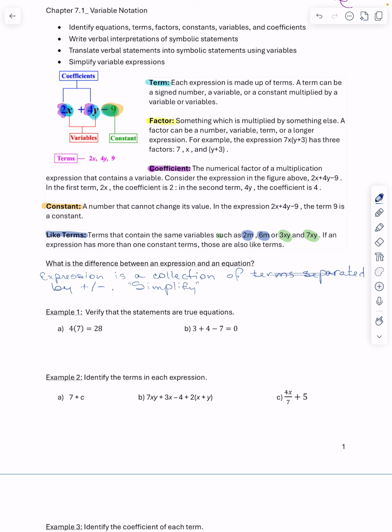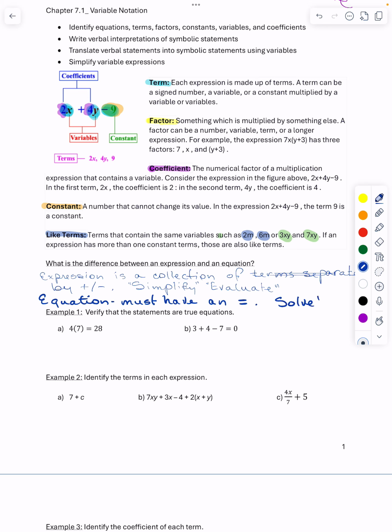We evaluate. That is different than an equation. An equation always has an equal sign. And here we're going to be asked to solve. Find the number that when we replace it in terms of into the variable, we make a true statement.